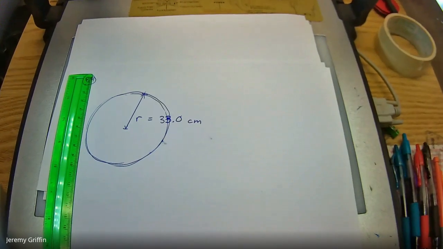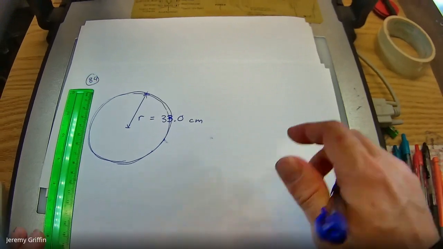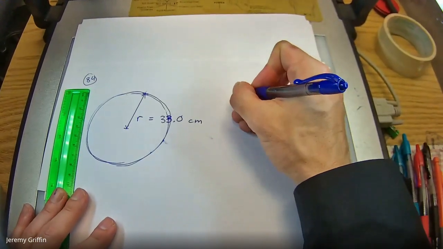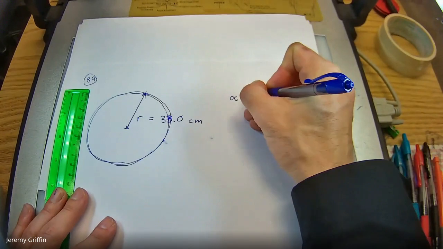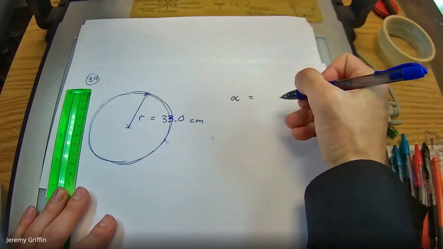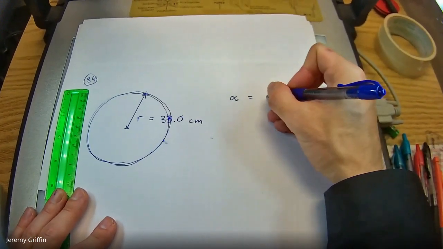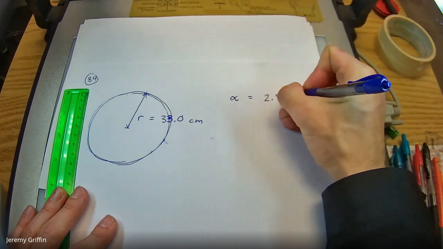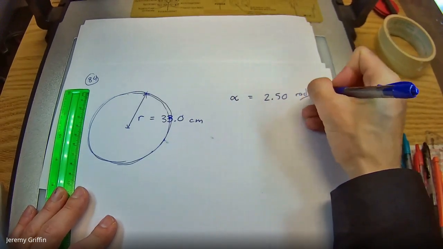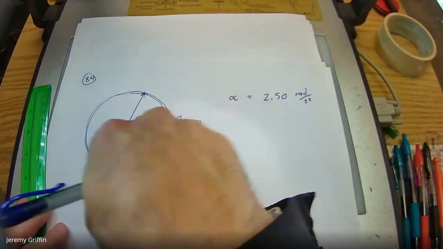Standard tire. And what else did they tell you? They told you angular acceleration. So that's alpha. I'm going to say 2.50 radians per second squared. Right? So that's the rate this is speeding up spinning.